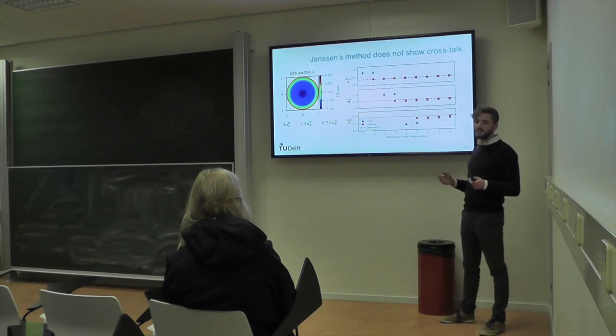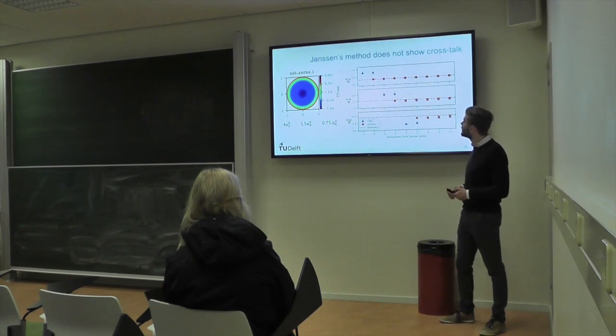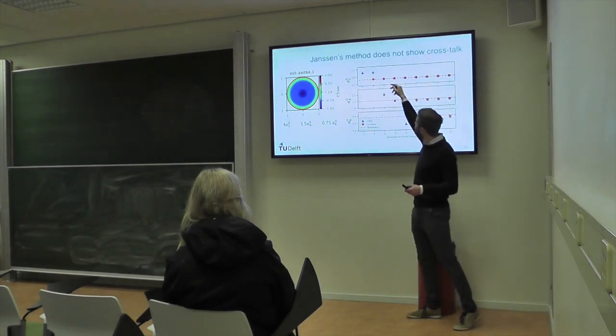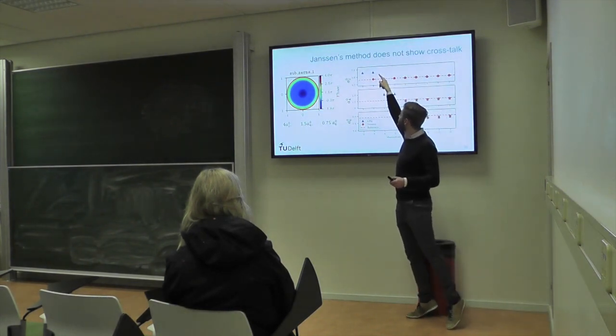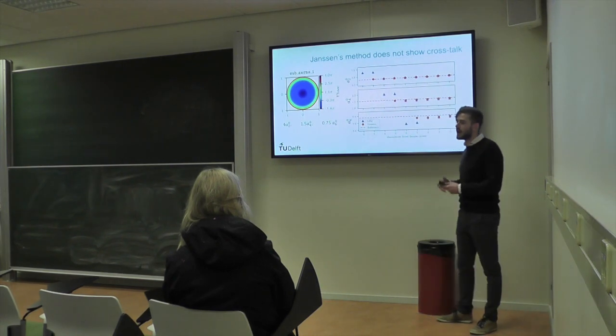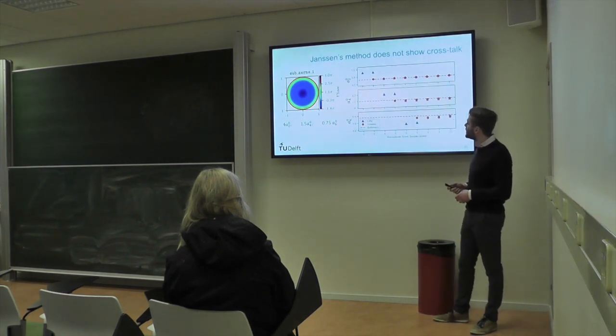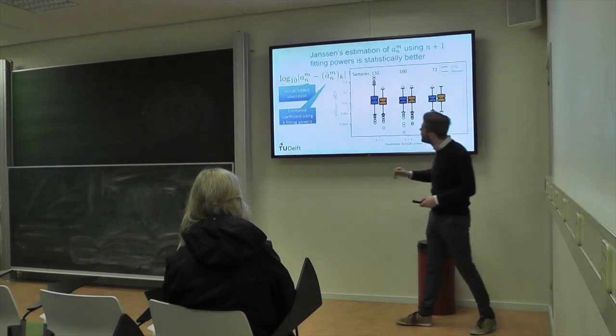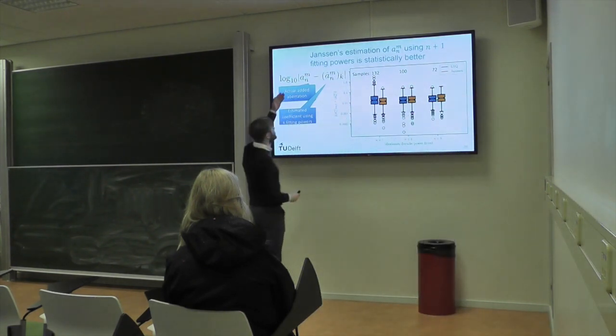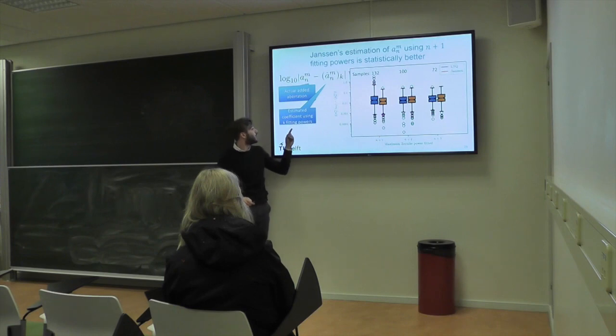Now, I wanted to look at this also statistically. So what I will show you is I've taken the difference between the estimated and the actual value, and I've put all that data of all the aberrations that I've measured together, and I've shown this in a logarithmic scale, where I've taken the difference between the actually added aberrations and the estimated coefficients using k fitting powers.